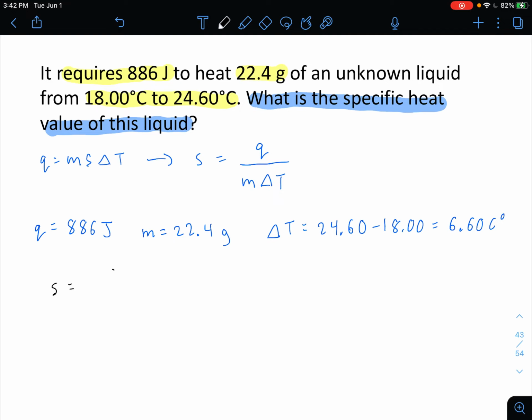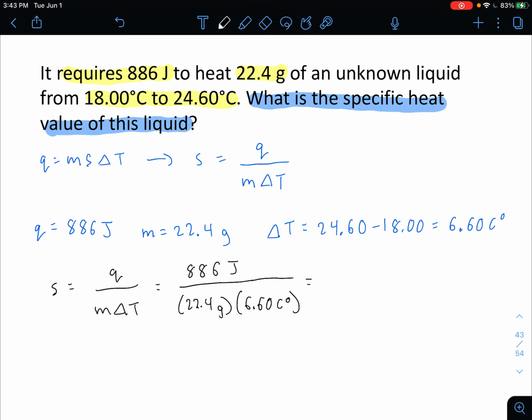So I've got what I need here, right? S equals Q over M delta T. Q is 886 joules. M is 22.4 grams. And delta T is 6.60 Celsius degrees. Again, and I kind of end up doing this by default a lot, 3 total significant figures for all the values, so that's what we'll report with.